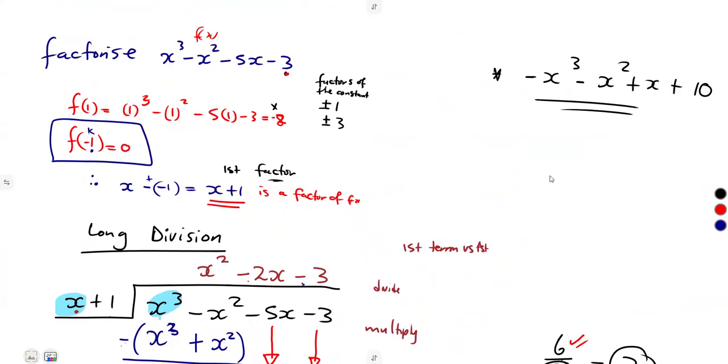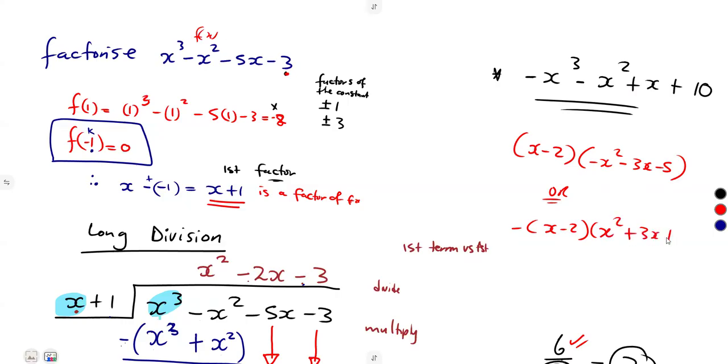If you are to do this, you're going to notice that your answer was going to be x minus 2 into, even the negative you can take it out here, minus x squared minus 3x minus 5 is the same, or you take the negative out, so it's going to be x minus 2 into x squared plus 3x plus 5, which cannot be factorized further. This is what you're going to get, or this one. So I want you to try this question to factorize this and see if you're going to obtain this answer.